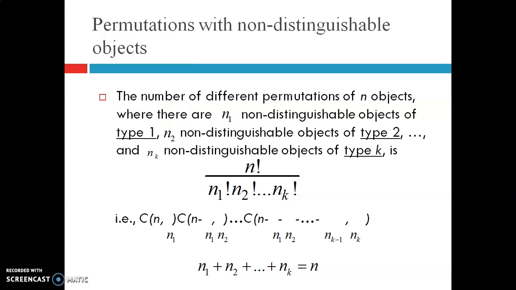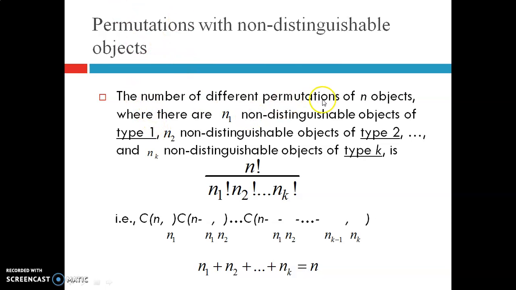Next concept is permutation with non-distinguishable objects. Means in permutation, if some object is repeated in a set, what do we do?